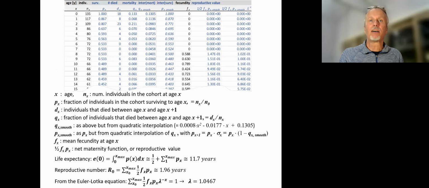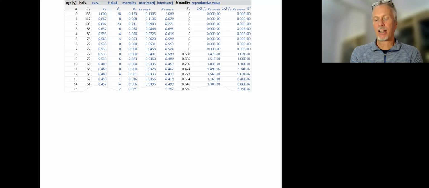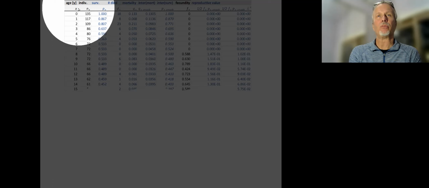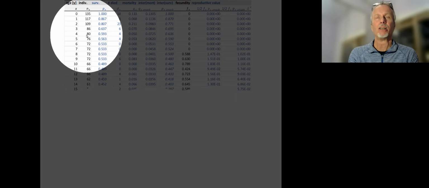So let's see how it works. Let's take our life table here. So we have X, the number of individuals of age 0, 1, 2, 3. So we follow this cohort. The root of this cohort is equal to 135 individuals that were tracked year after year up to their maximum lifespan of about 34 years.